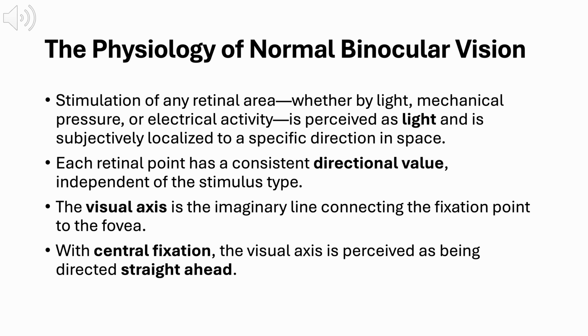Each retinal point carries a fixed directional value, and that value stays the same regardless of how the retina is stimulated. The visual axis helps anchor this system. It's the imaginary line connecting the point of fixation to the fovea. When a person is using central fixation, that visual axis is experienced as pointing straight ahead, which becomes the reference point for how all other visual directions are judged.